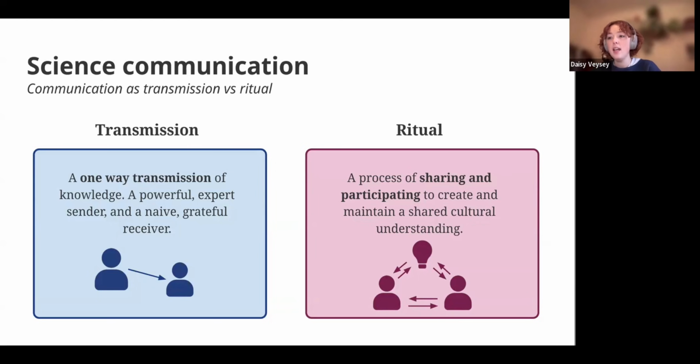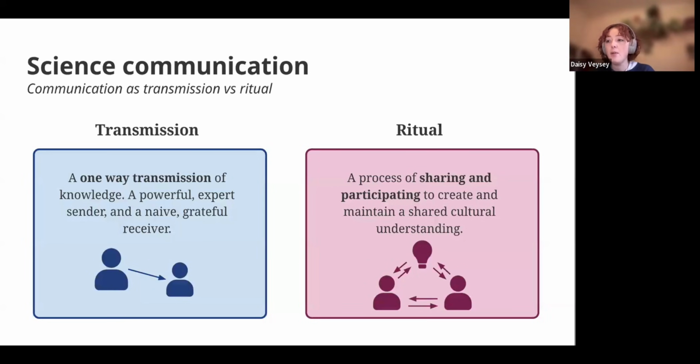An alternative way to think about communication is the ritual model. Here, communication is about creating a shared understanding and shared culture through dialogue and through participation with your audience. It's a two-way process, or a three and a four-way process.